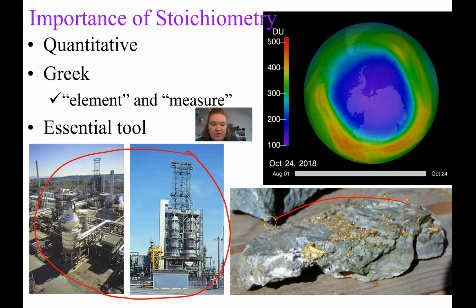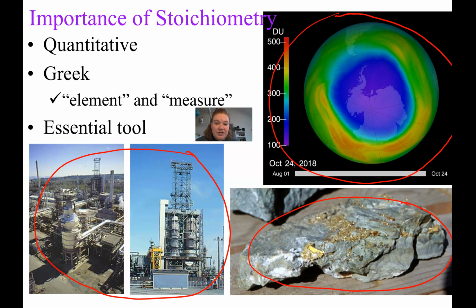The next picture over is gold within an ore, and so same idea. In order to know how much gold is in there, how to retrieve it, a stoichiometric process is used. And then the picture above it over here of the Earth, this is the picture of the hole in our ozone layer as of October 2018. And the hole is caused by chlorofluorocarbons.